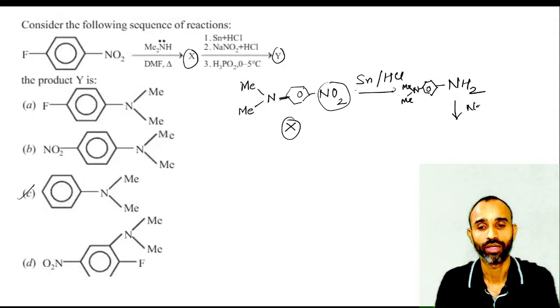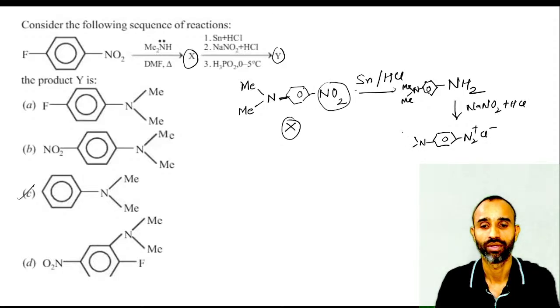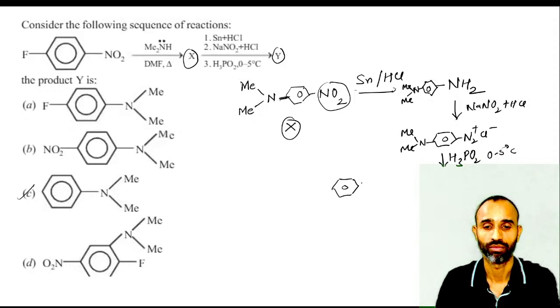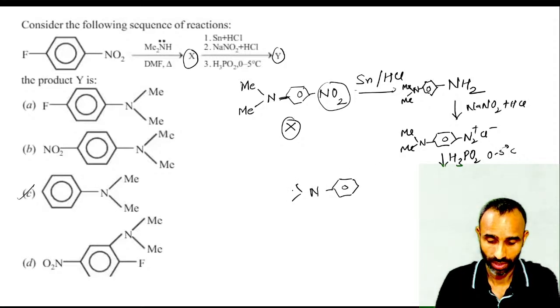Now after NaNO2 plus HCl, it is a diazotization reaction. So we get N2 positive, Cl negative. And then H3PO2 leads to removal of N2 positive, Cl negative.